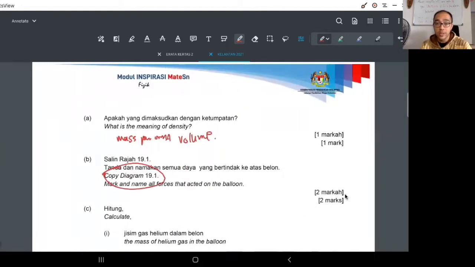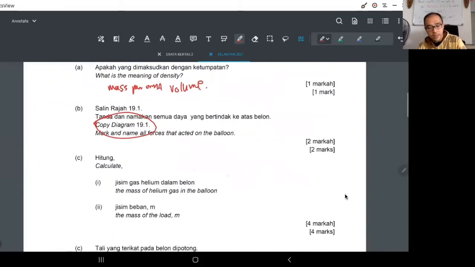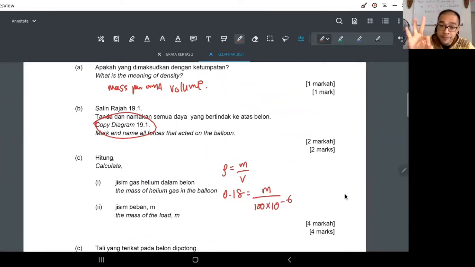Okay, so the density formula is density equals mass over volume. You are given the density, which is 0.18, equals mass over the volume, which is 100 times 10 to the power of negative 6, or divide by 100 three times.